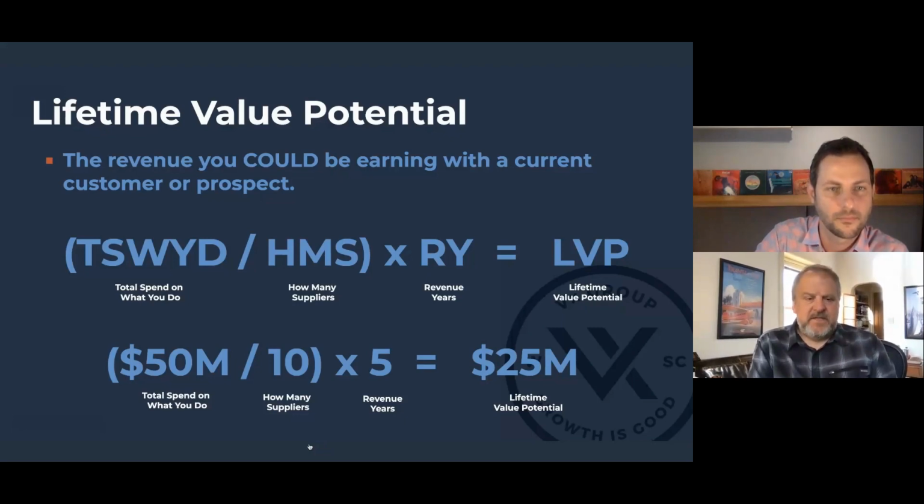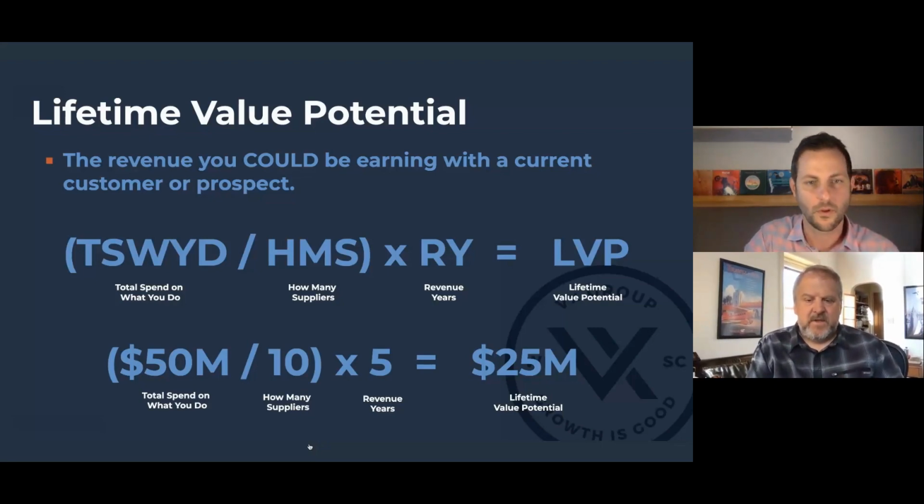So if a company spends $50 million on what you do, and they spend it with 10 different suppliers, that's an average spend of $5 million per supplier. That's the math in the parentheses. Then multiplying that by 5 revenue years would give you, as a single supplier, $25 million in lifetime value potential.